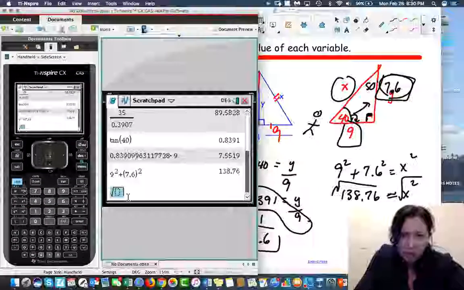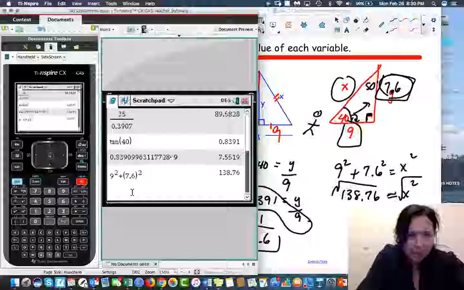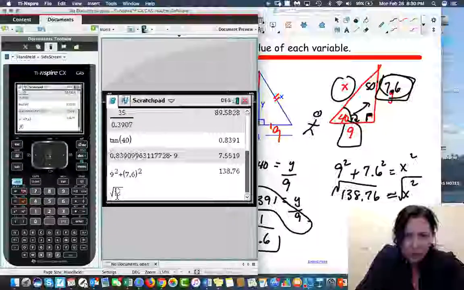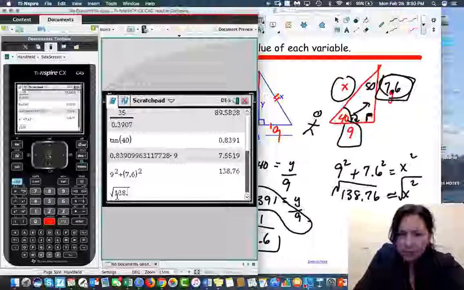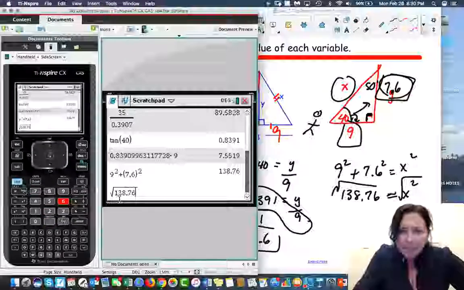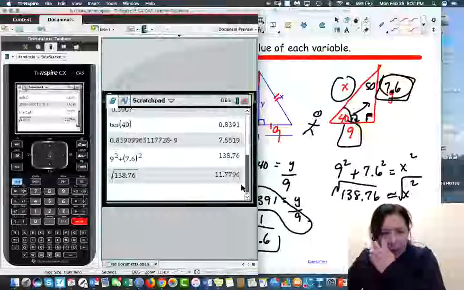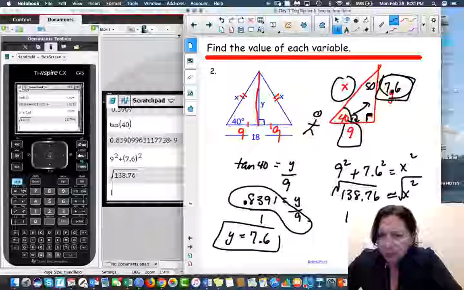So I type the square root of 138.76, and I enter, and I get 11.78. So x is about 11.78, so we'll go 11.8.